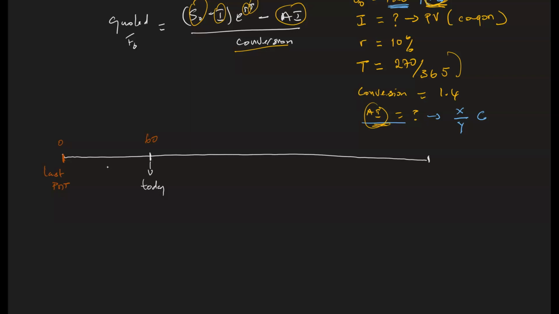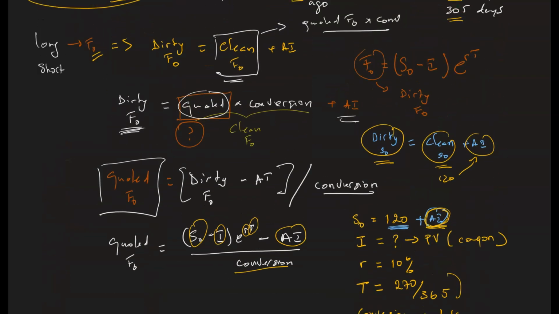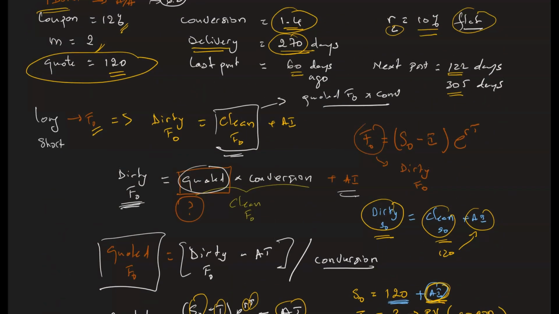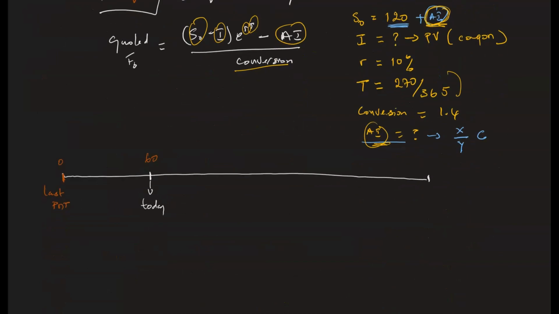We are also told that the next payments, and that's what we're told all the way up here, are going to occur in 122 days and 305 days. So we're going to do the following. In 122 days, let's say that is here, day 122, we are going to have the next payment.